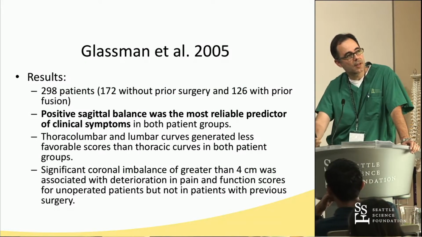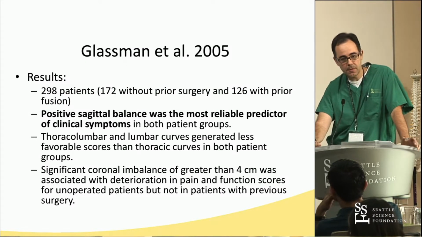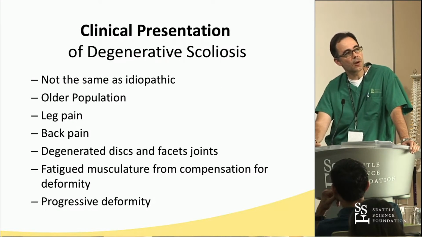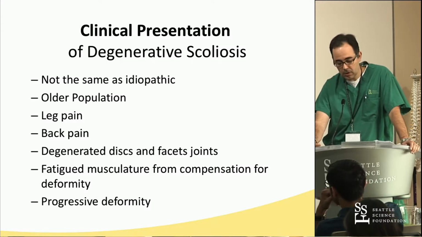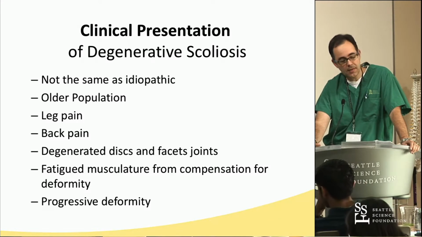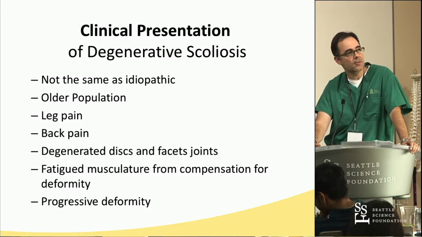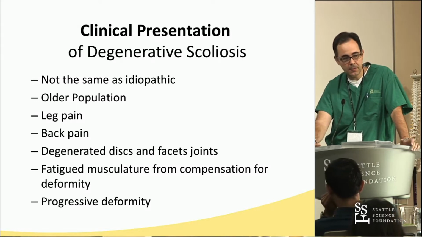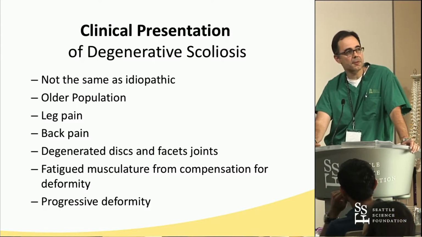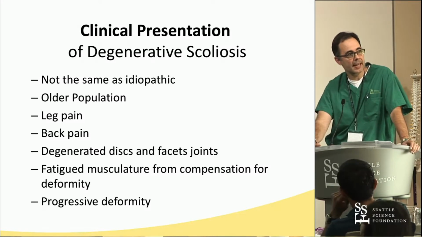So this is just some further information focusing on the sagittal plane as opposed to the coronal plane. What's the overall clinical presentation of degenerative scoliosis? It's not the same as idiopathic scoliosis because it's an older population. You frequently have radicular symptoms due to facet disease and facet hypertrophy with resultant leg pain.